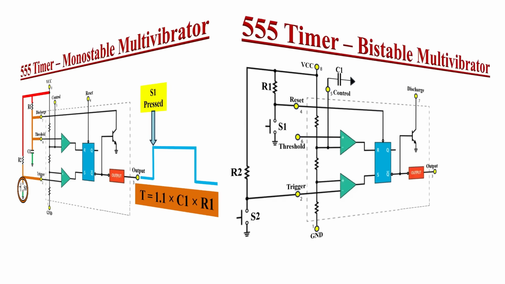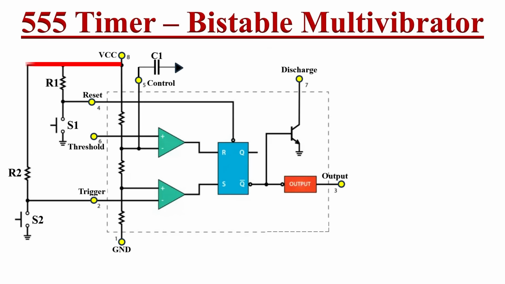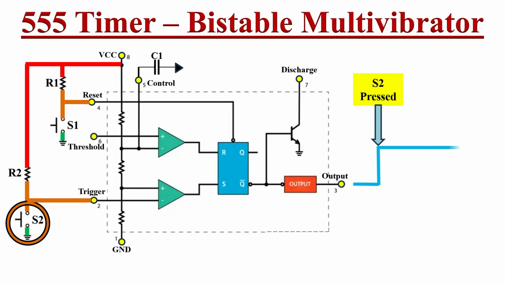We can also design a bistable multivibrator circuit using 555 timer IC. A bistable multivibrator has two stable states, logic high and low. It stays in the same state until and unless an external trigger input is applied. When we turn on this circuit, initially the output is at logic low level. When we close the switch S2, the output of the circuit changes from logic low level to logic high level.